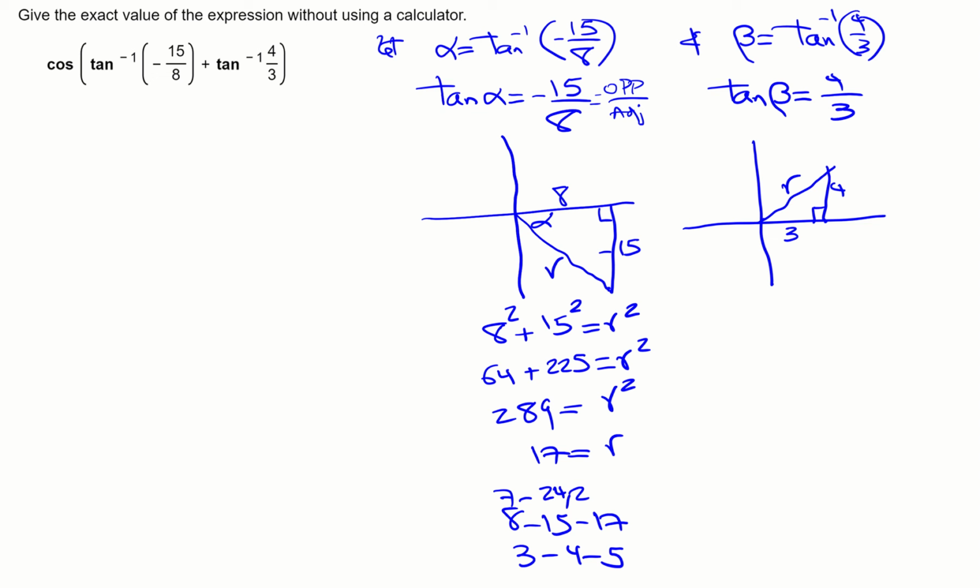These are just some of the more popular ones. For the other one, we have 3 squared plus 4 squared equals r squared, so 9 plus 16 equals r squared, so 25 equals r squared, so r equals 5.